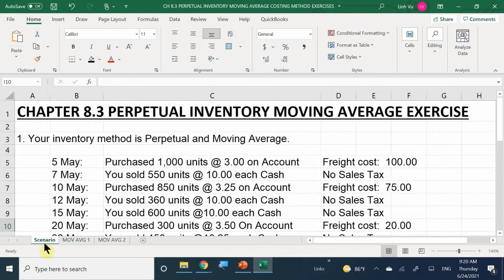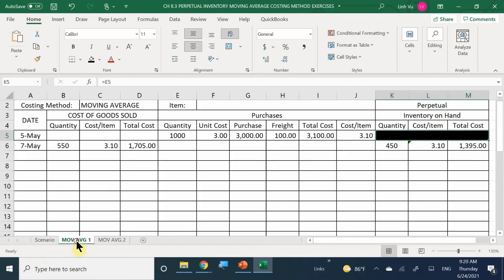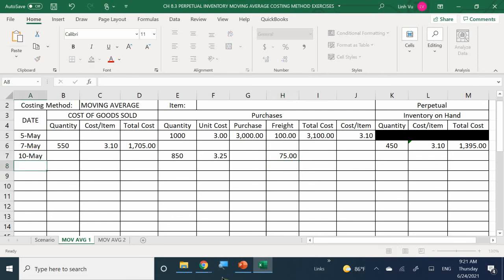So on May 10, what did I do here? I purchased another 850 units, okay, at $3.25 with the freight costing $75. So 850 at 3.25, with the freight costing you $75, and this was on May 10th.